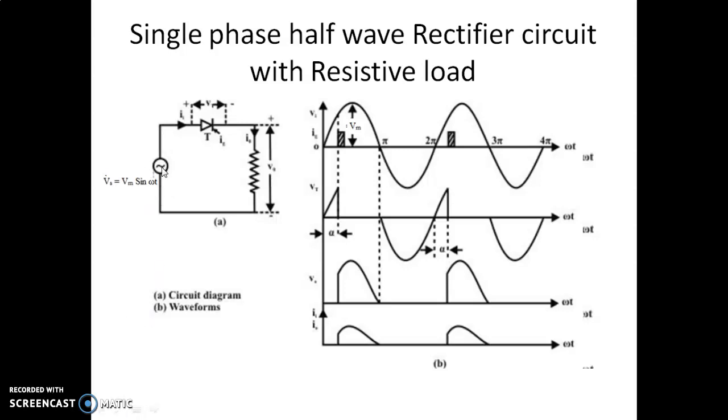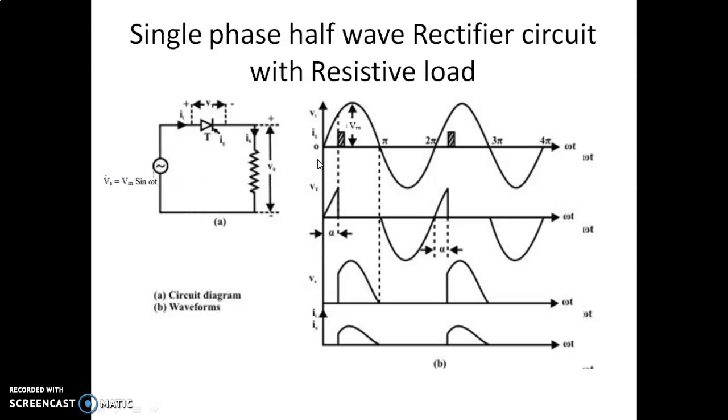Now this is the circuit. V is equal to Vm sin omega t is the input voltage. You can see a rectifying diode, that is a controlled rectifier, placed in series with the source. A load is placed in series with the combination.